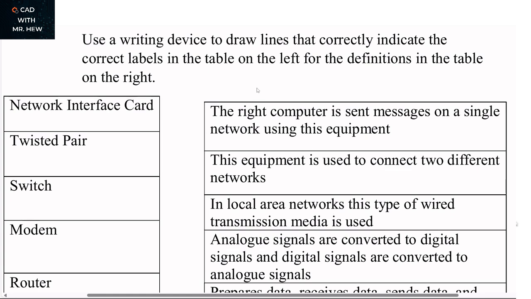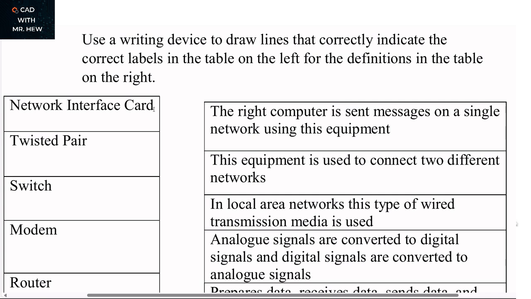Use a writing device such as a pen to draw lines correctly to indicate the correct labels in the table on the left for the definitions in the table on the right. So here we have the 2 tables, and you're going to use your pen to indicate the correct labels.